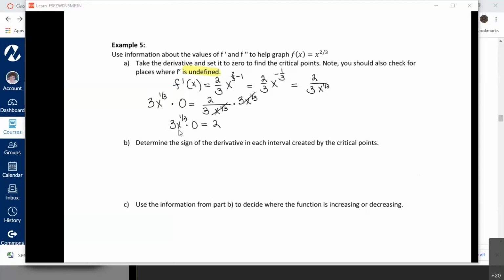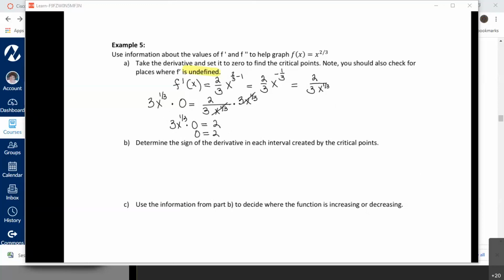Right, I put a 0 there because it said set the derivative to 0. Now I'm multiplying both sides by 3x to the 1/3. That 0 is still there. So what's this value on the left side? 0. Yes.